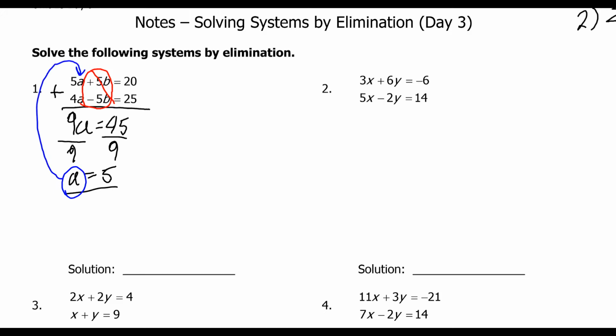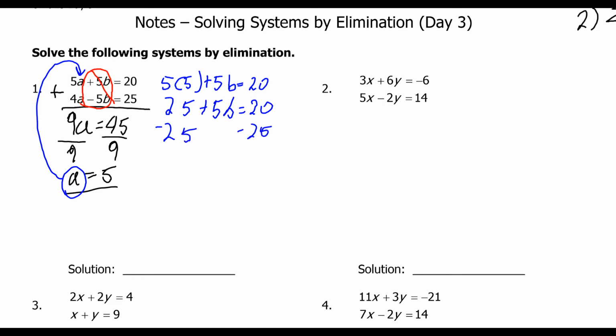That's going to be 5 times 5 plus 5b equals 20. We're going to take 25 plus 5b equals 20 and subtract 25 from both sides, and we're left with 5b equals negative 5.